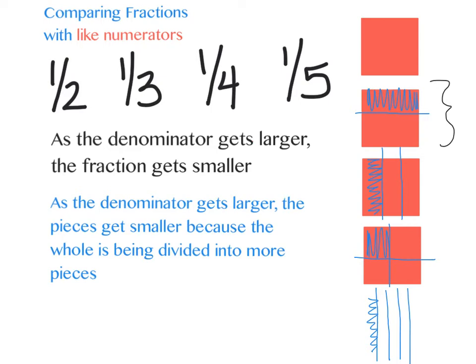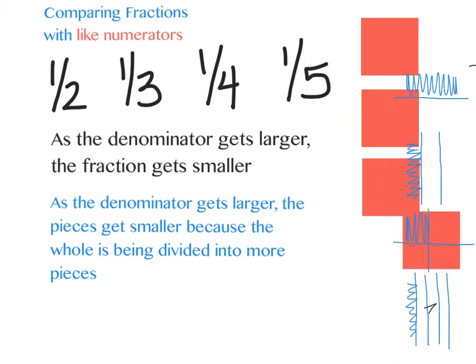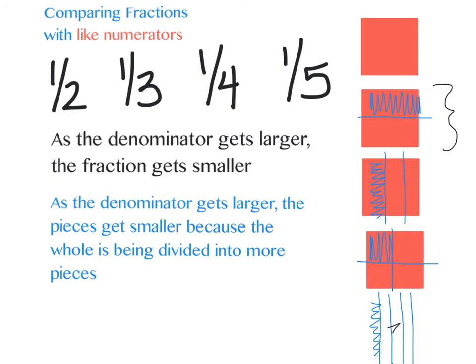My lines kind of got moved around there. I thought I could move my bottom there to the top square, but it's not going to work. But as you can see, there are more pieces when we change the denominator, and our pieces are going to get smaller.